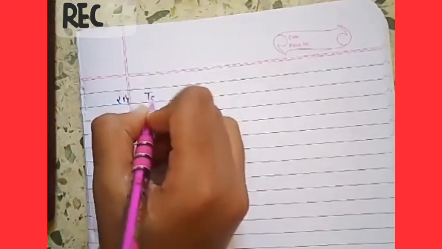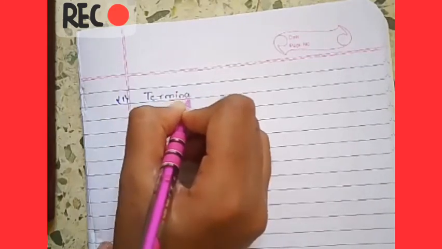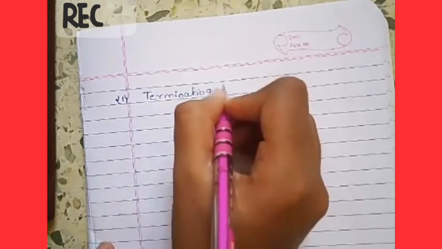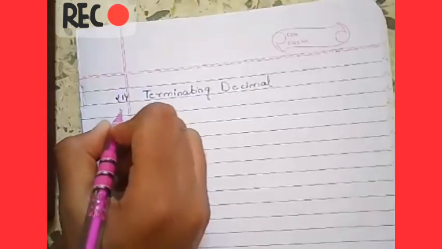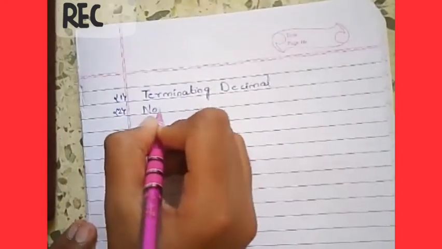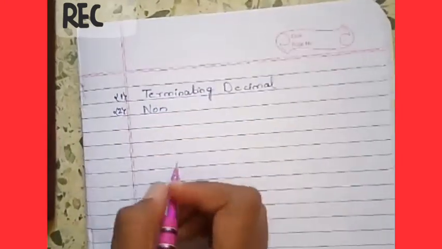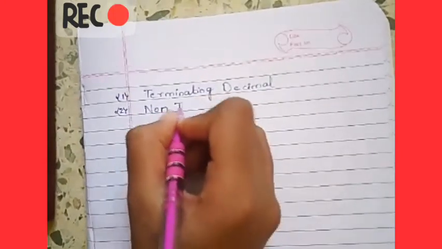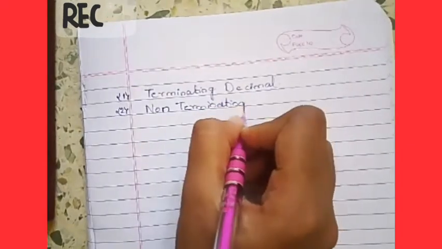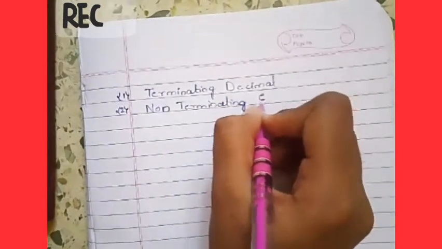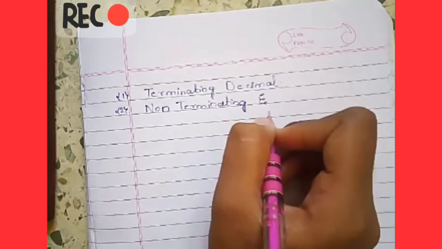Number 1 is terminating decimals. And the second category we saw is non-terminating, meaning infinite numbers after the decimal point. Non-terminating as well as non-recurring.